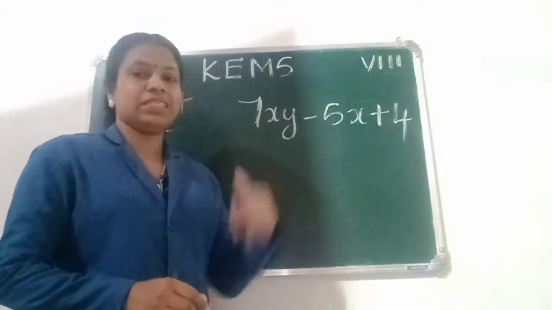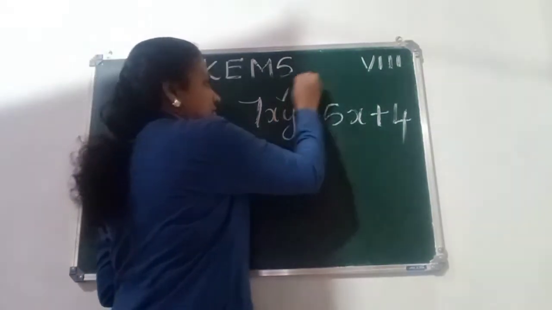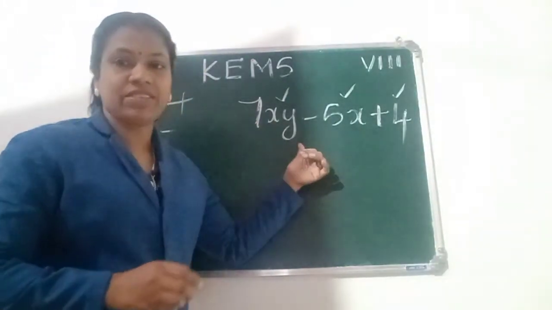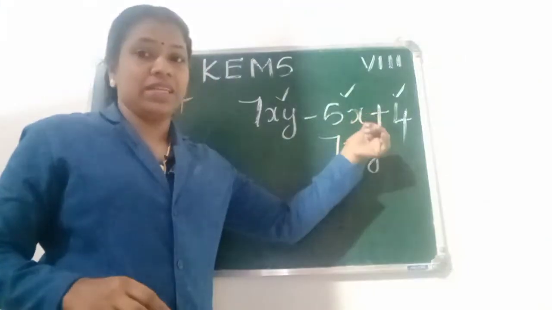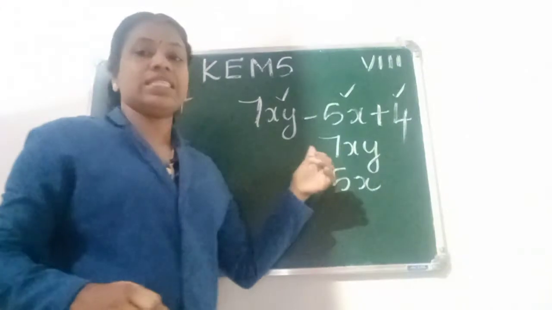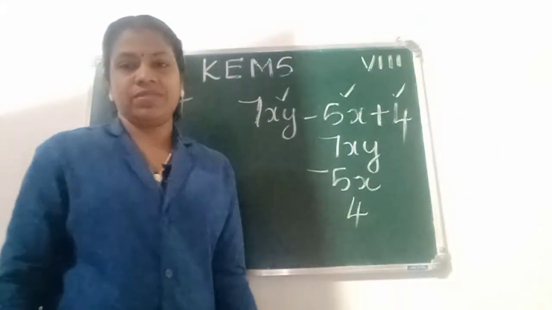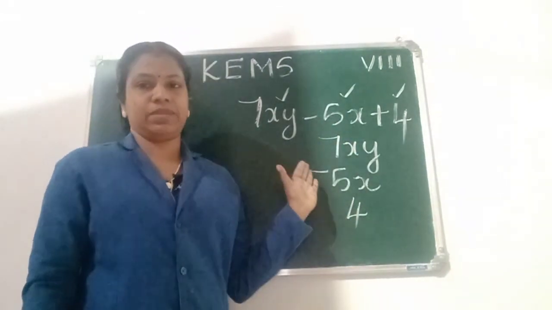Yes, this expression has 3 terms. First term, second term, third term. 7xy is the first term. Second term is minus 5x. Not 5x, it is minus 5x. And third term is 4. These are called terms of the expression.